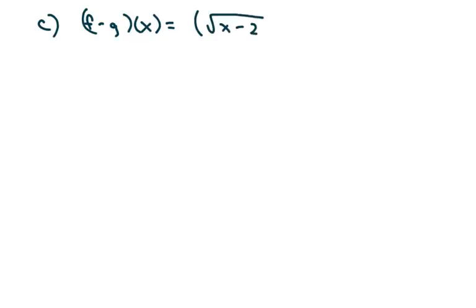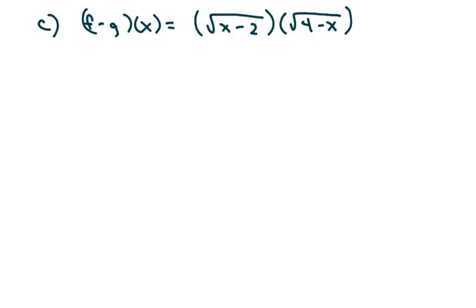Now, the next two we're going to do as times. So c is f times g of x, which equals the square root of x minus 2 times the square root of 4 minus x.